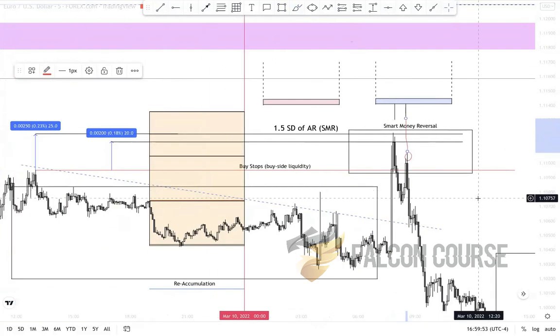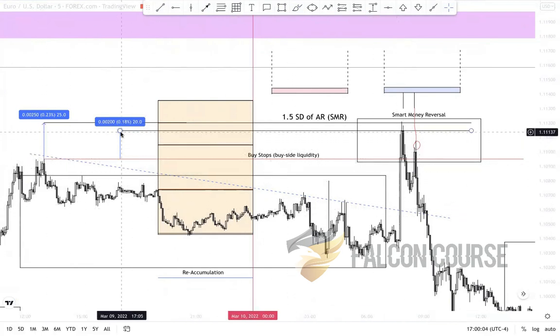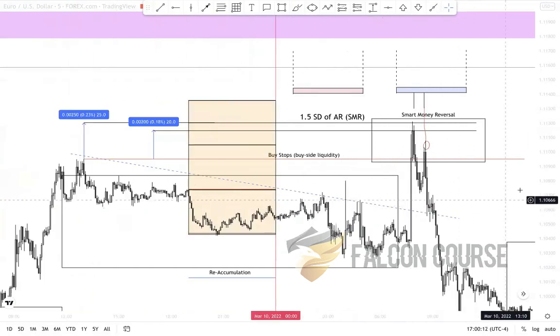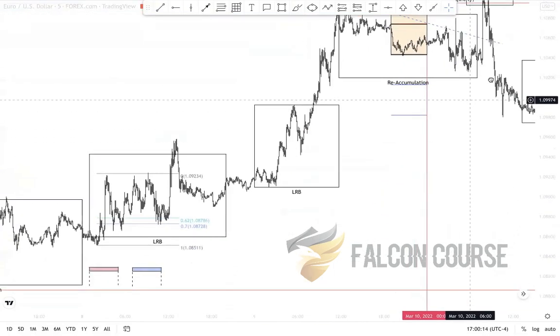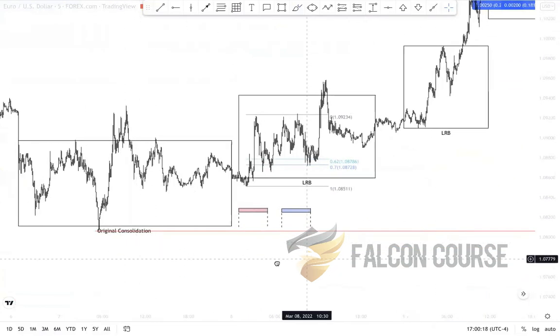So after you've seen all this, you've seen the impulsive move, you've seen the market take out the trendline liquidity. We had the buy stops, the 20, 25 pip sweep was aligning with 1.5 standard deviation of the range. And obviously we had all this consolidation down here, which the market will take out.